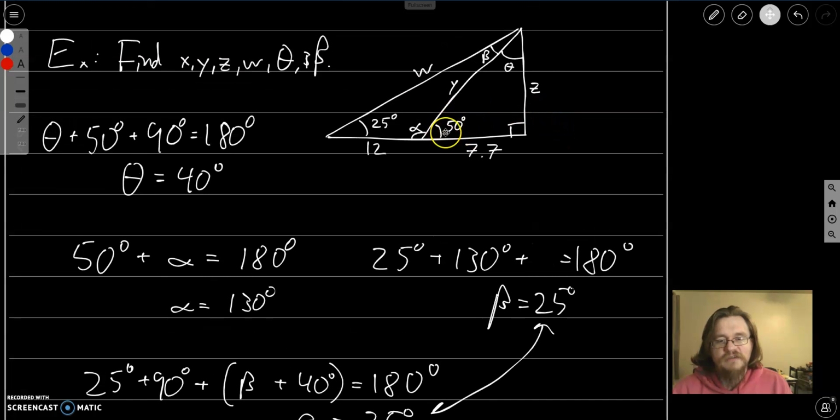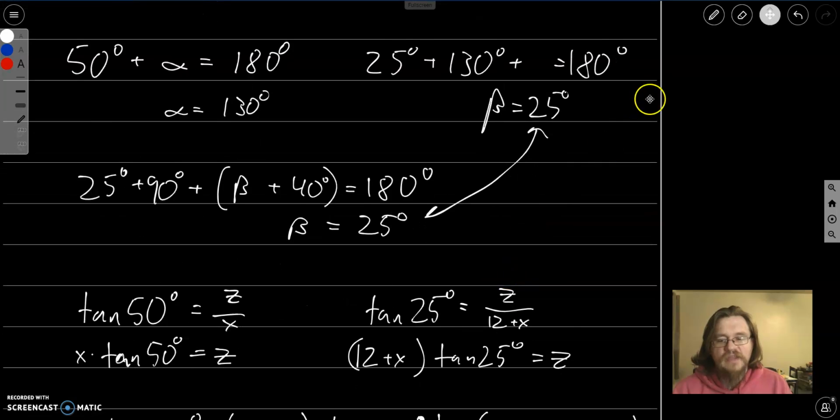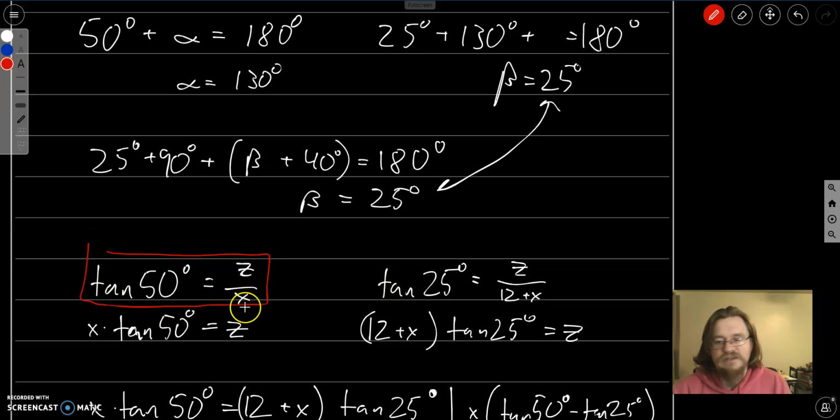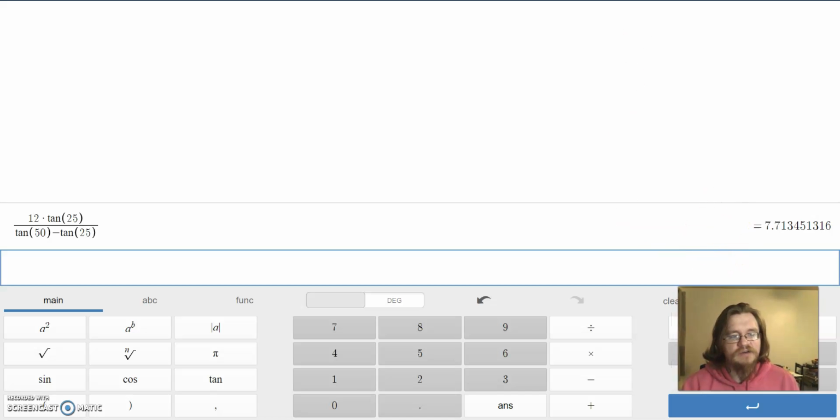We had 50, z, and then 7.7. Tangent of 50 degrees is equal to z over x, and we know what x is. x was 7.7. So I can take this times tangent of 50 to get z. And I don't even have to round here.